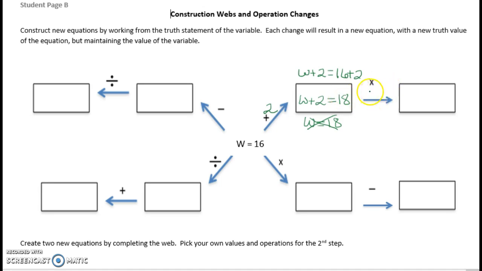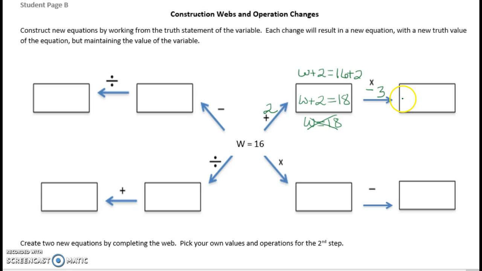Let's suppose we want to pick -3. So this time we're going to multiply by the value of -3, keeping this equation. We still know that w equals 16 is true. So for this new statement, we want to multiply by -3.